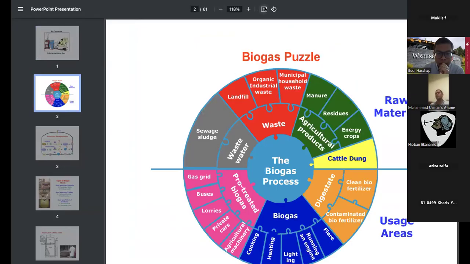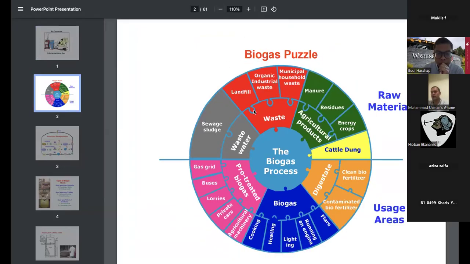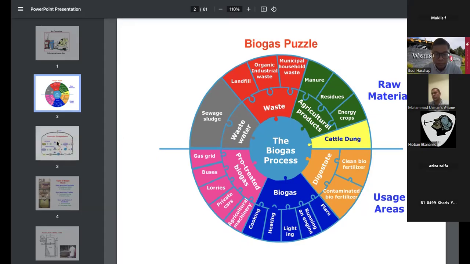So if you see this slide, here is a biogas puzzle: how the process takes place, what products are produced during this process, and what type of materials we can use as a feedstock for a biogas plant. If you see the upper half circle, these are all the materials which can be used as a feedstock, which includes cattle dung, agricultural products like energy crops, crop residue, and manure.